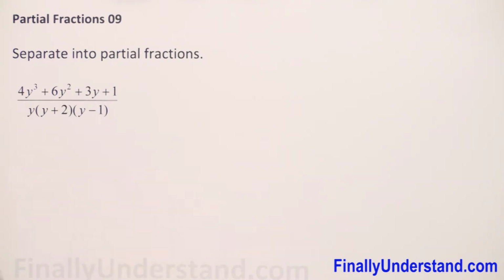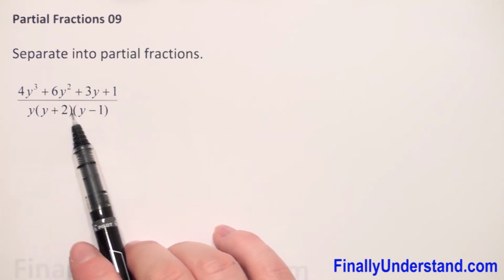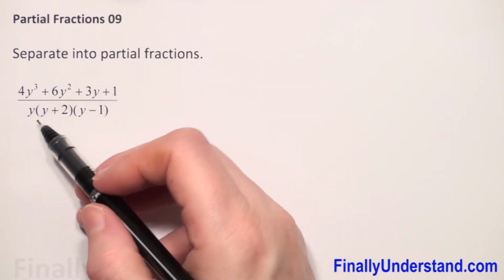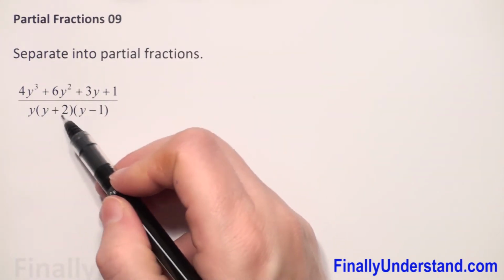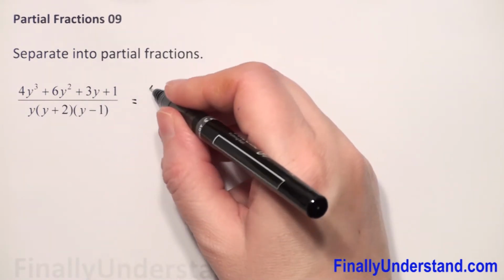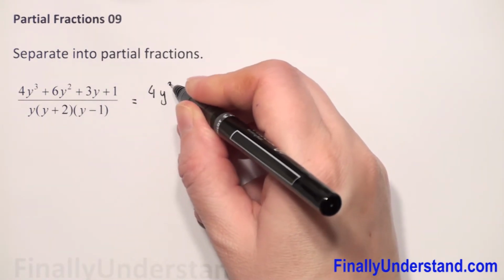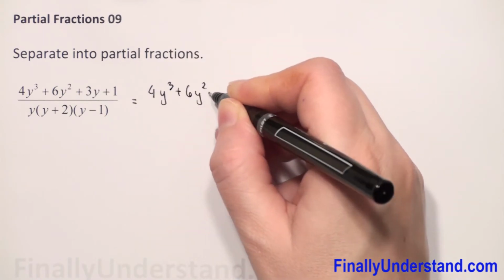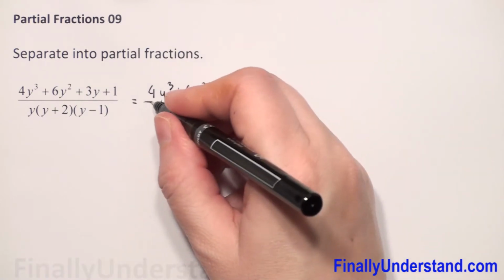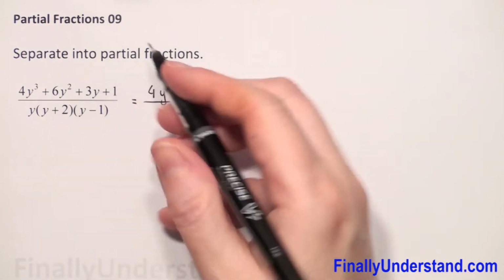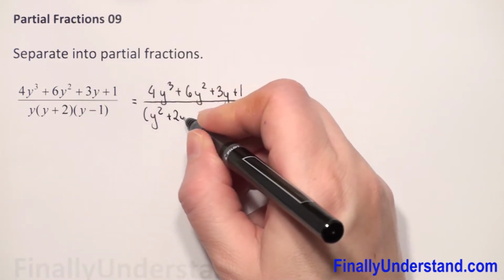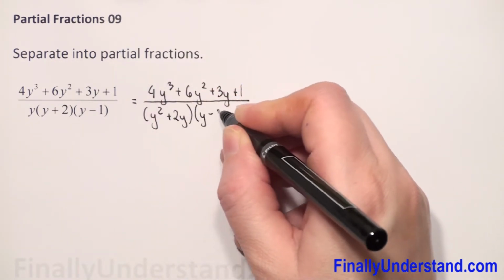To do long division we first have to do the multiplication in our denominator. We have to multiply first y by this whole expression in the first parenthesis. So this is equal, we copy the numerator, y times y will be y squared, y times 2 is 2y, and we have times y minus 1.